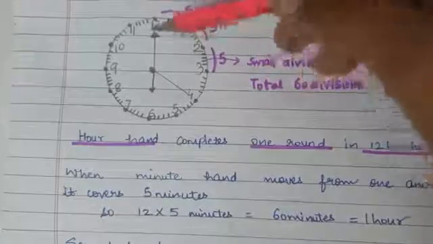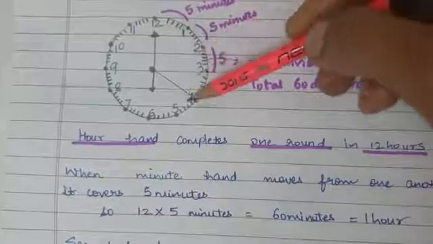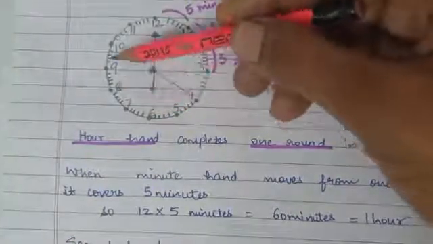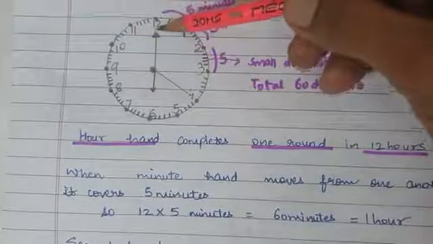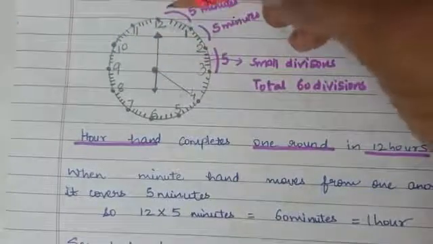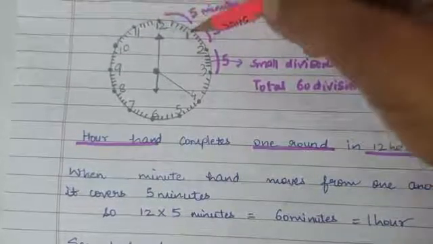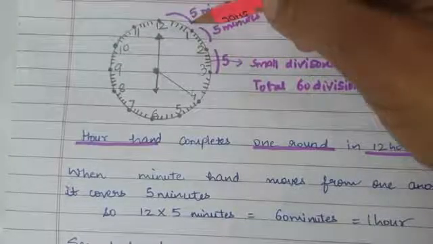See here, we have 12, 1, 2, 3, 4, 5, 6, 7, 8, 9, 10, 11, then 12. Now the minute hand, when it moves from 12 to 1, we say 5 minutes are over.